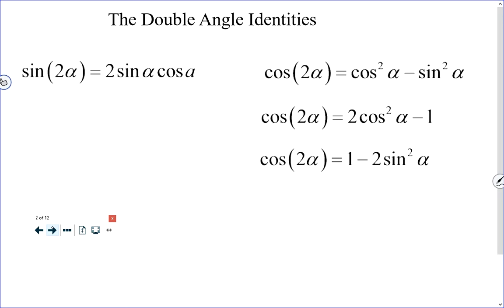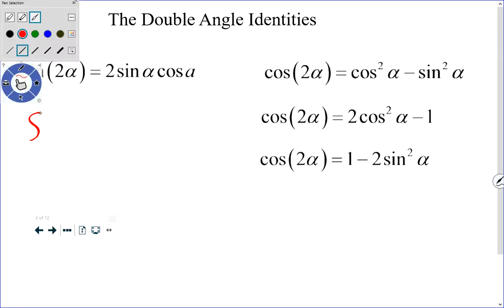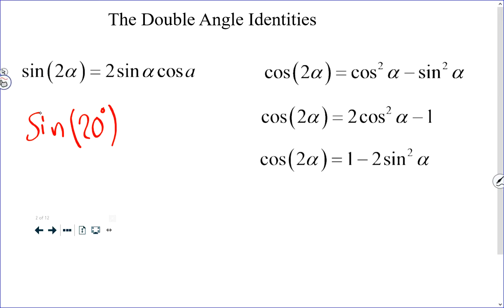If I asked you to determine what the sine of 20 degrees was, that's a pretty trivial matter for you to put it into your calculator. But what the double angle identity for sine says is since 20 degrees is 2 times 10 degrees, this is exactly the same as taking 2 times sine of 10 degrees times cos of 10 degrees.